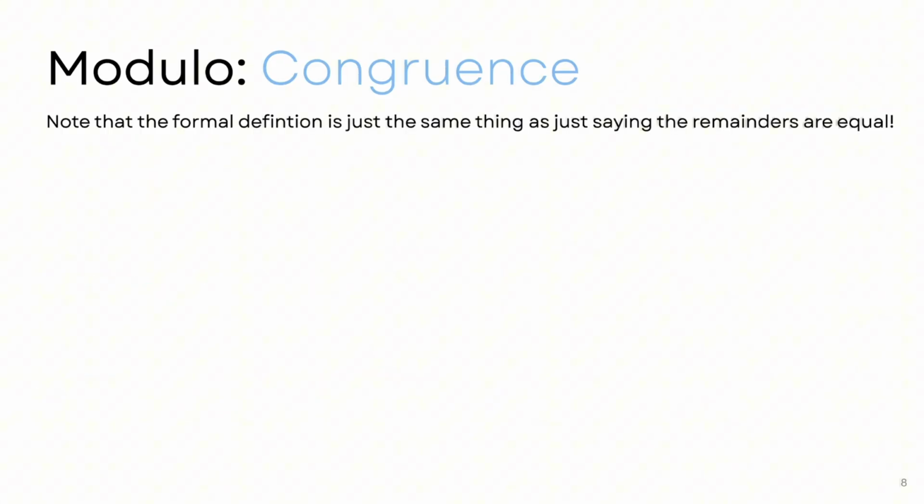Okay, so now I want to point out that this beautiful formal definition that we just learned about is really just saying the same thing as the fact that their remainders are equal. I just want to make sure this hits home for a lot of you. We're basically saying that when A is congruent to B in mod n, all we're saying is that if you take A mod n and you take B mod n, then their remainders are the same, as in you'll get the same evaluation.